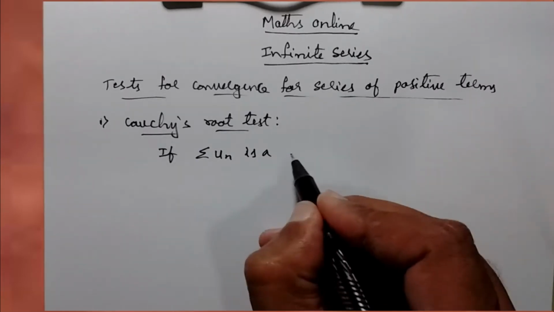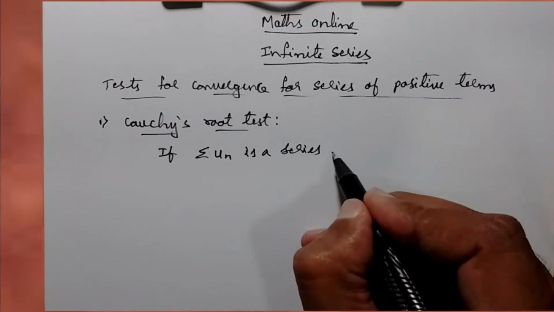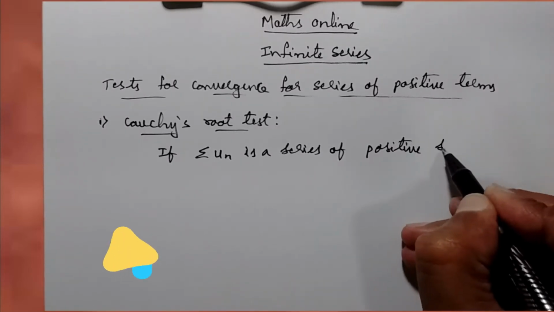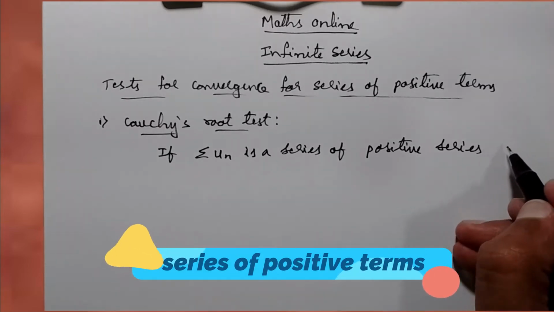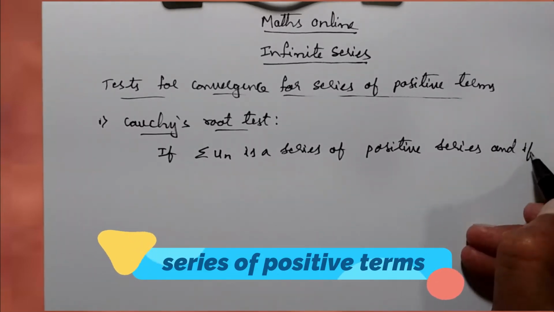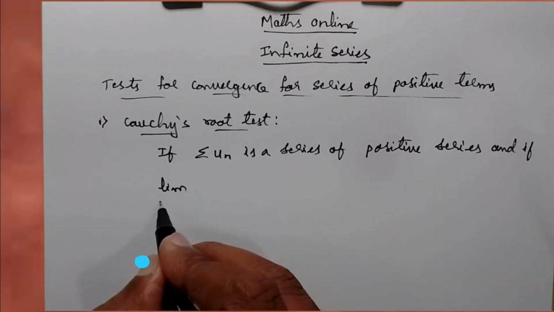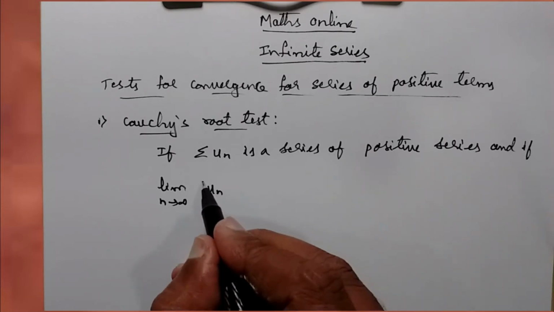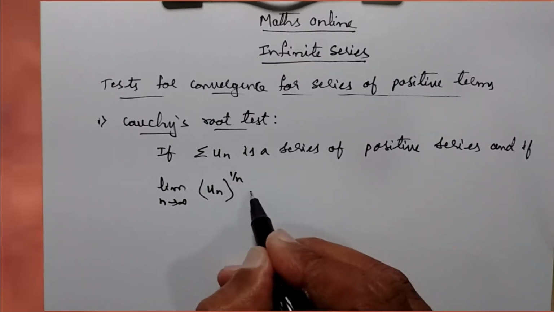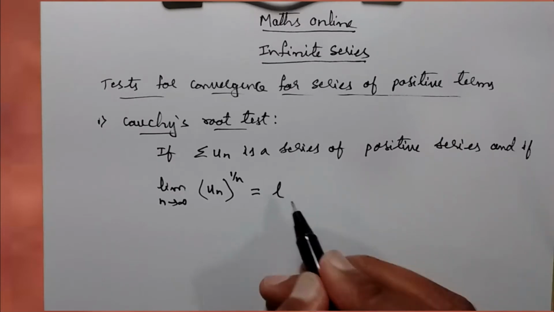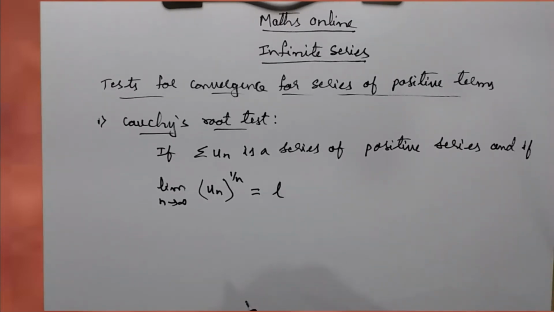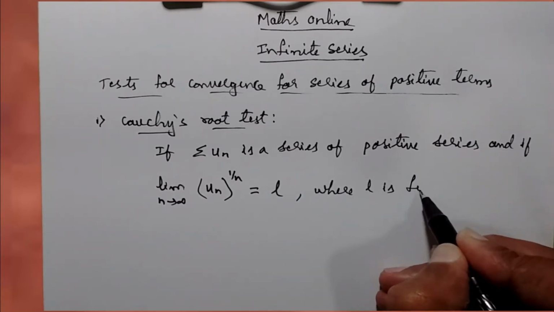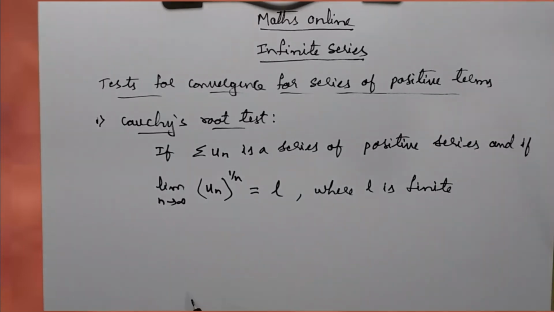This is a series of positive terms, and suppose I take the limit as n tends to infinity of un raised to the power of 1 by n, and its value tends to a finite value L, where L is a finite value.